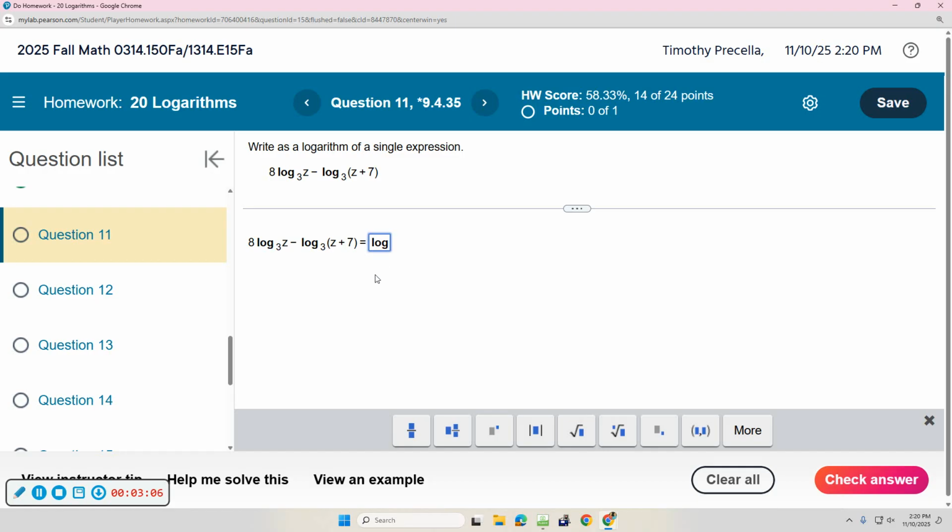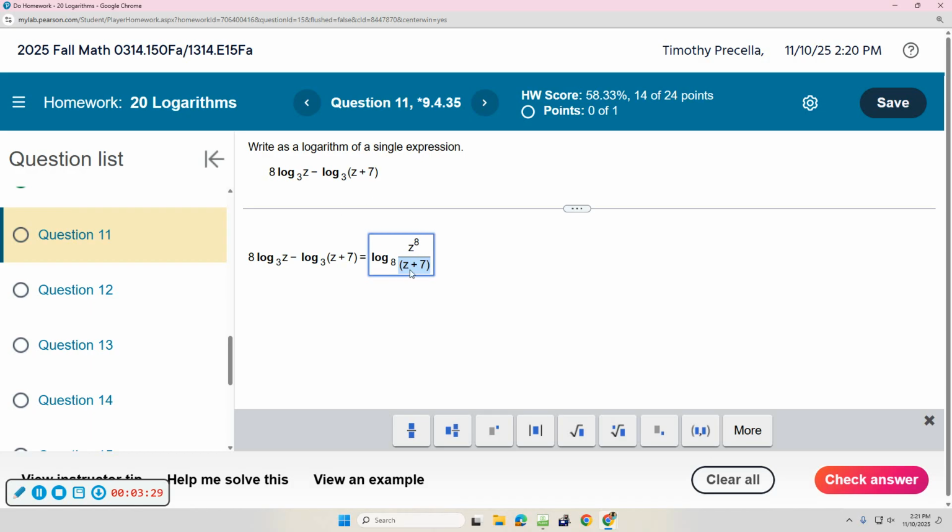The subscript button down here, where you'll type the 8, get out of the subscript, get out of the denominator. Fraction bar. On top we had z to the 8th. On bottom we have z plus 7.